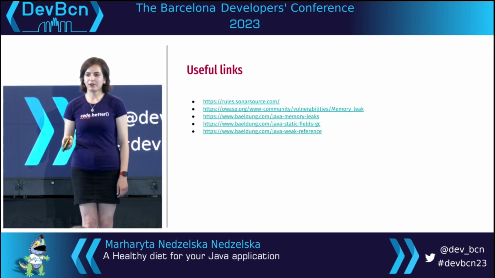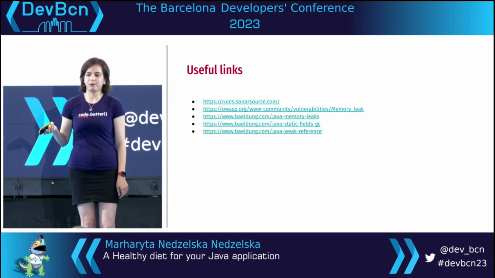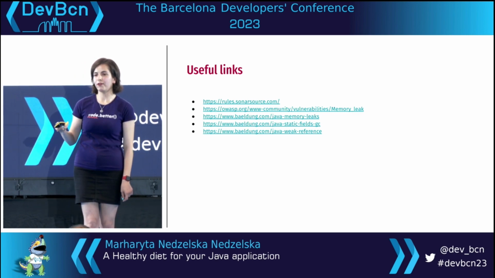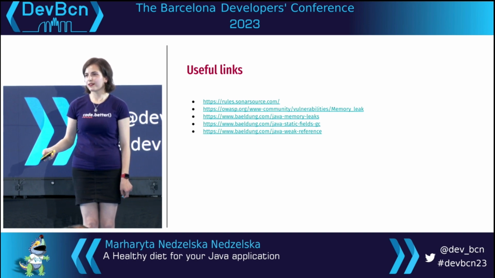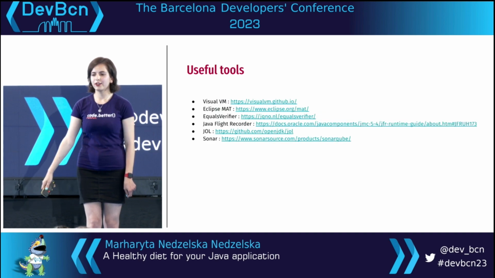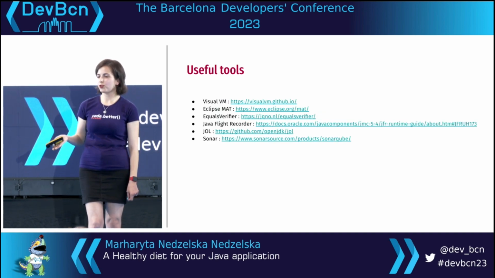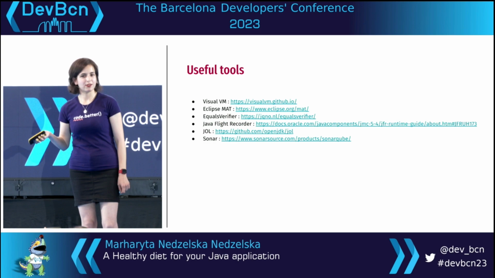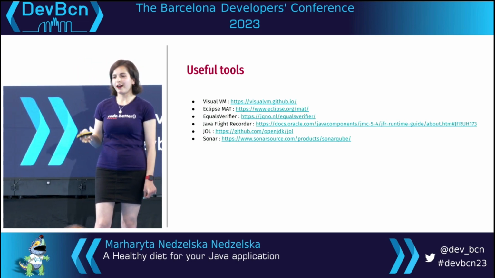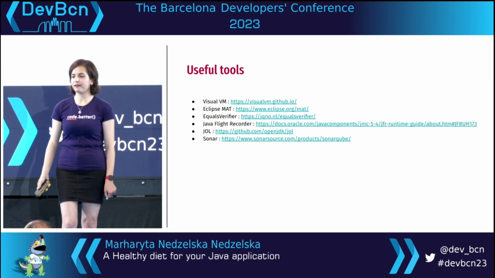And here are some useful links that I used while I was preparing this presentation. So you can take some photos of this. And useful tools like VisualVM. You see that it was able to show me at least 3 out of 5 leaks.